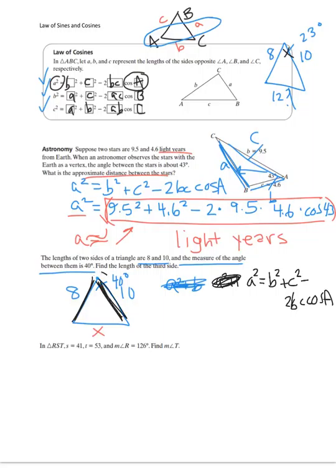The side that's opposite the angle is the side that's opposite the known angle. So it's going to be x squared equals 8 squared plus 10 squared minus 2 times 8 times 10 times cosine of 40 degrees.